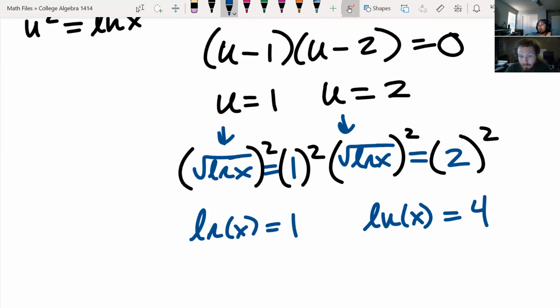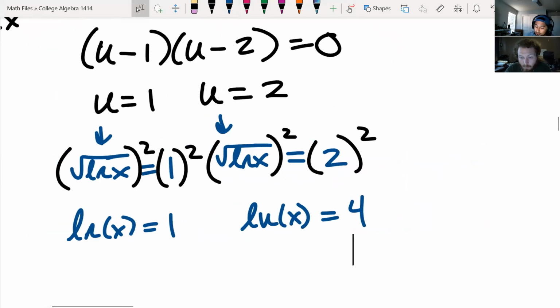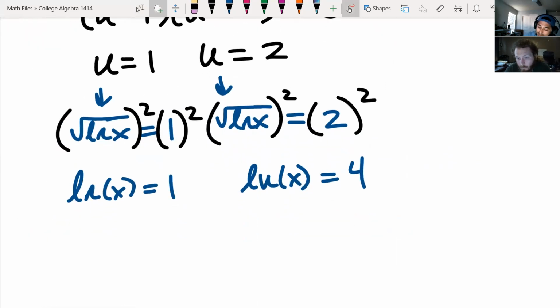Okay. But we have to solve for x. So we have to get rid of that natural log. And the only way to do so is to convert from log to exponential. Now, since this is a natural log, remember that the base is e.